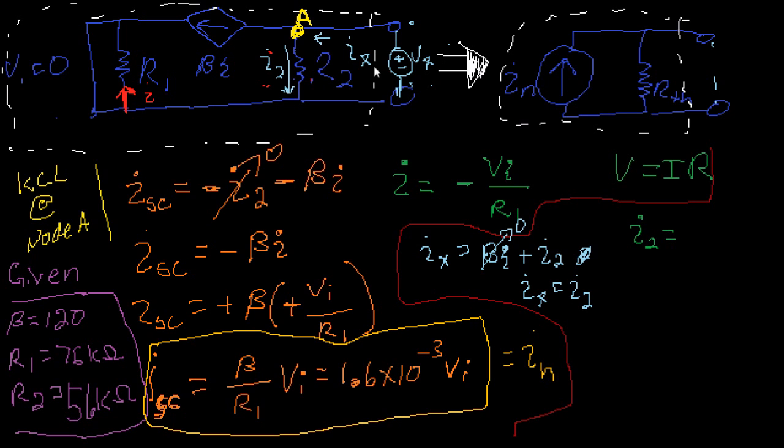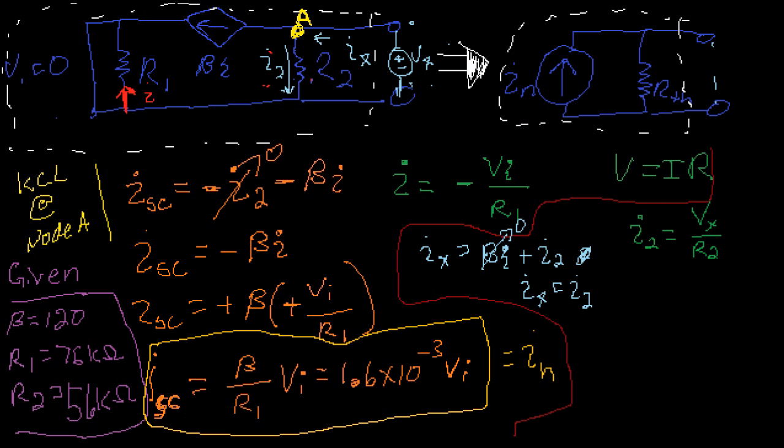I2, again, is just the voltage here divided by the resistance, coming down this way, that makes sense. So I2 is just Vx by R2.